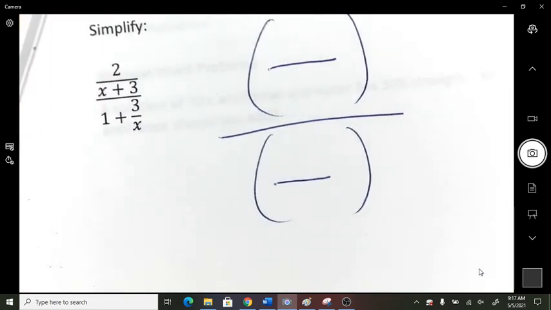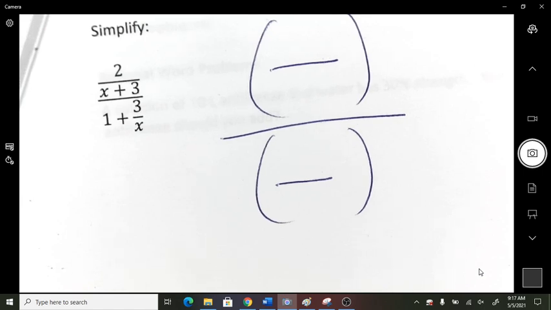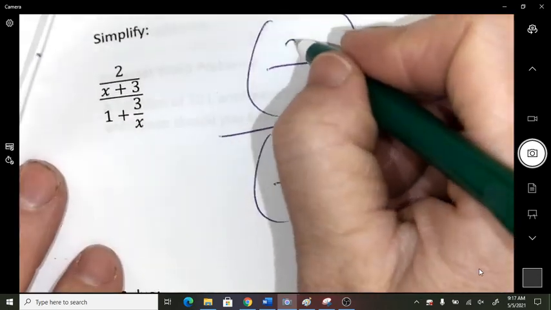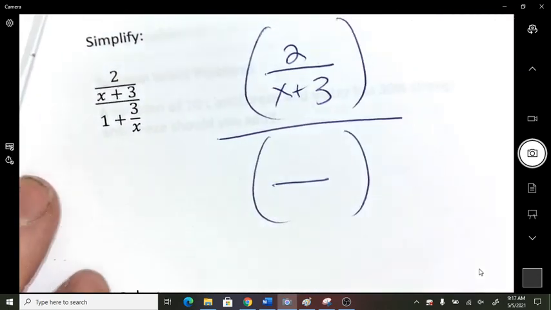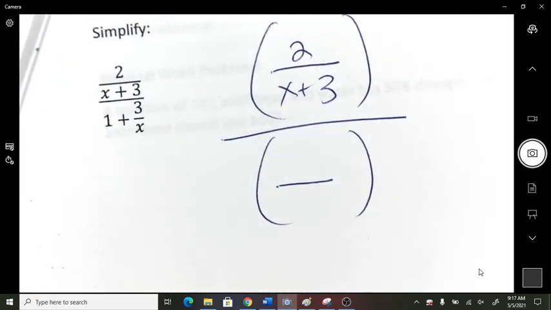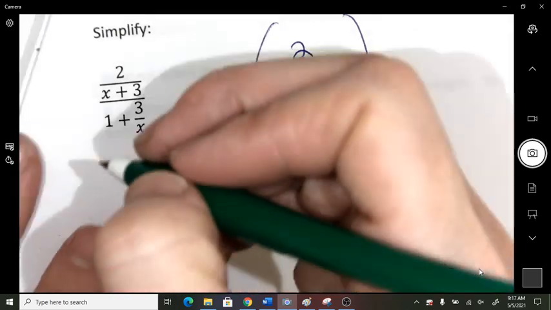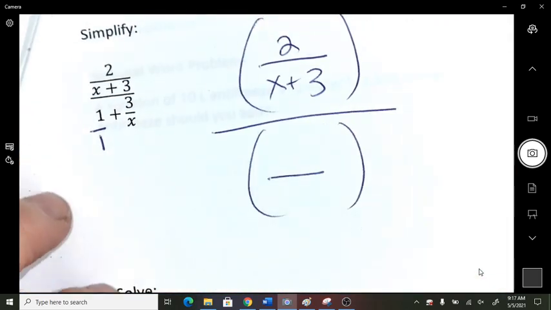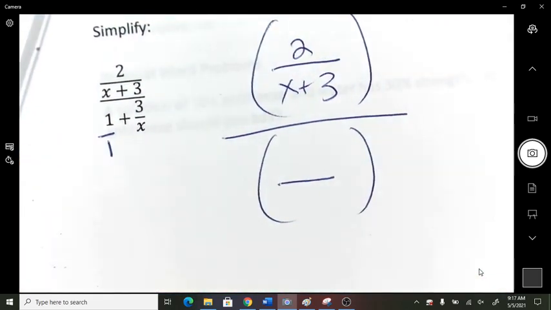Okay, I'm going to do that. Okay, 2 over x plus 3, there's actually nothing to do. Okay, this bottom, I'm going to put that over 1 just so I know.